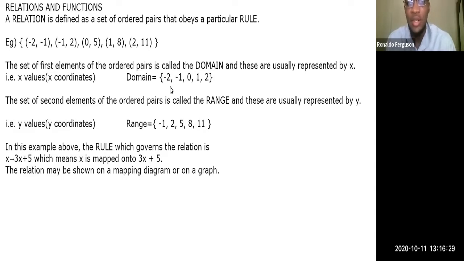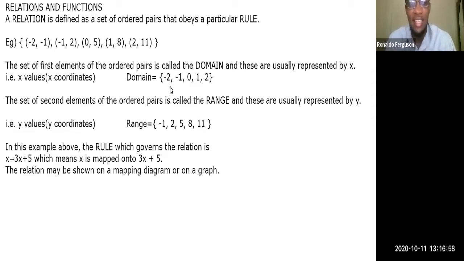Now when we get our ordered pair, what you will find is that y is related to x, where we can write y in terms of x. And since we can write y in terms of x, y obeys a particular rule in x, and that is a relation. That's all a relation is.